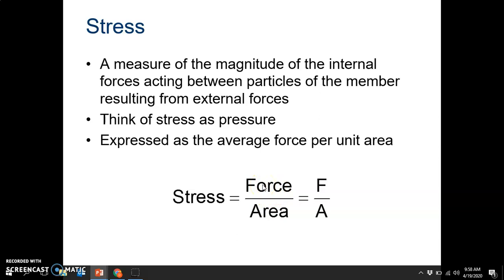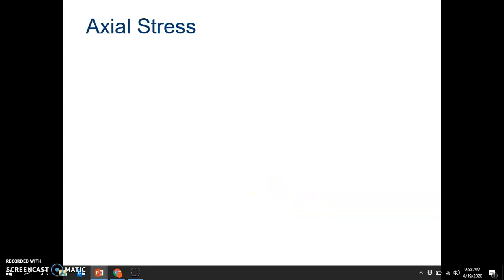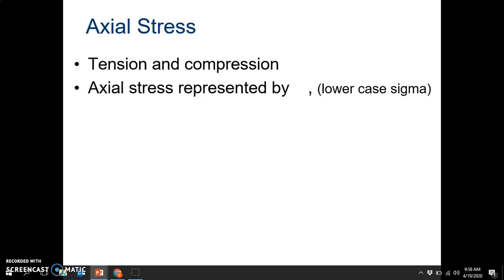Force per unit area. And here's your formula for it. Stress is force over area. Axial stress is what we'll be working with. And axial stress is just acting directly on a member in either tension or compression. And it is represented by the lowercase sigma, or the little o with the tail. So this is the one that you're going to be seeing.